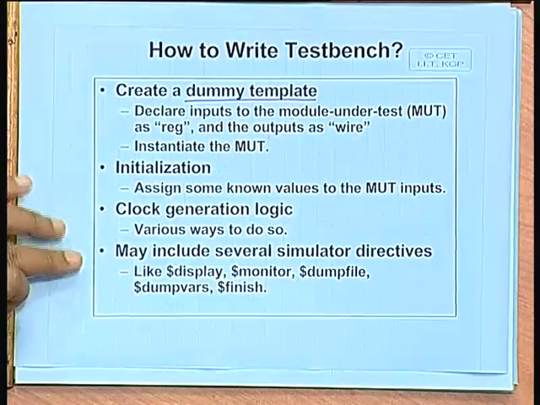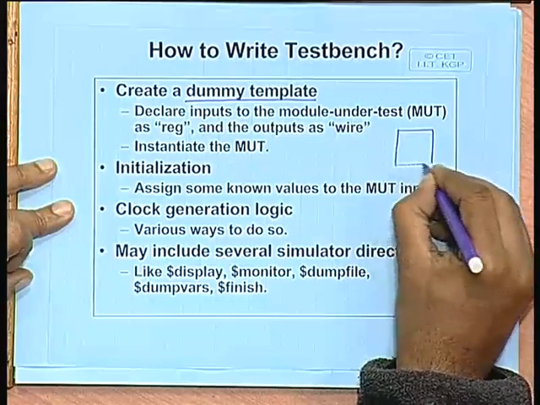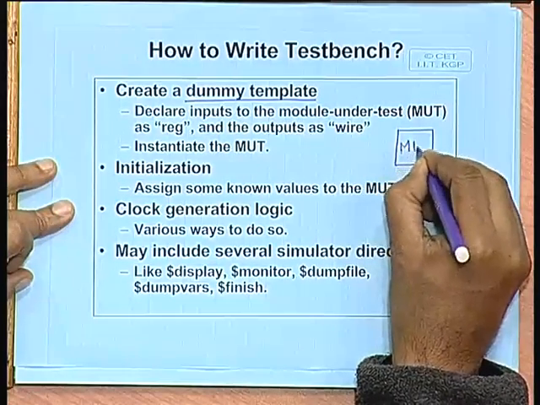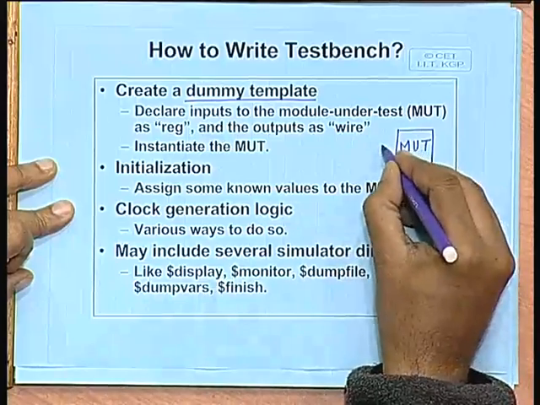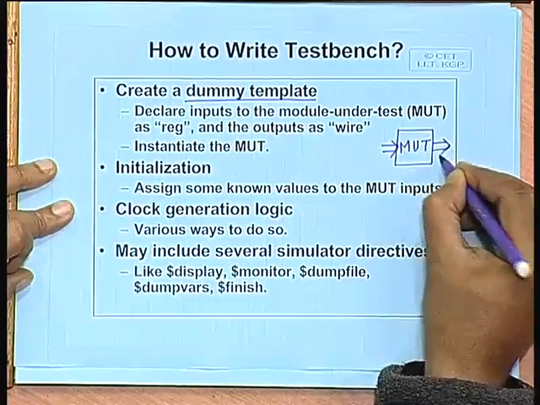Dummy template, what it means is that, say you have your module under test, say this is your MUT. MUT will be having some inputs, this will be having some outputs.